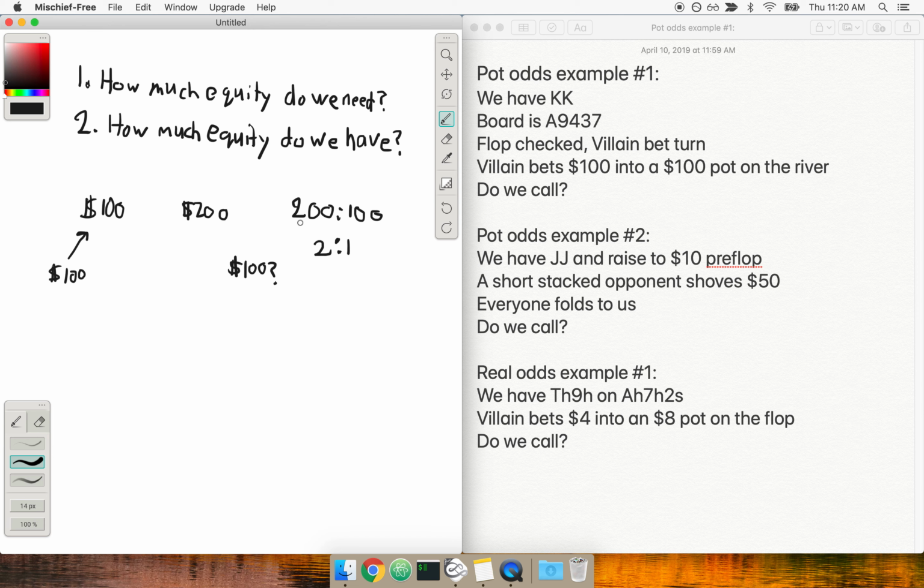So we've made some progress in answering this question. We figured out what our pot odds are, but we still don't know how much equity we need. To figure that out, we start with our pot odds, and then we need a formula. The formula is risk divided by risk plus reward.